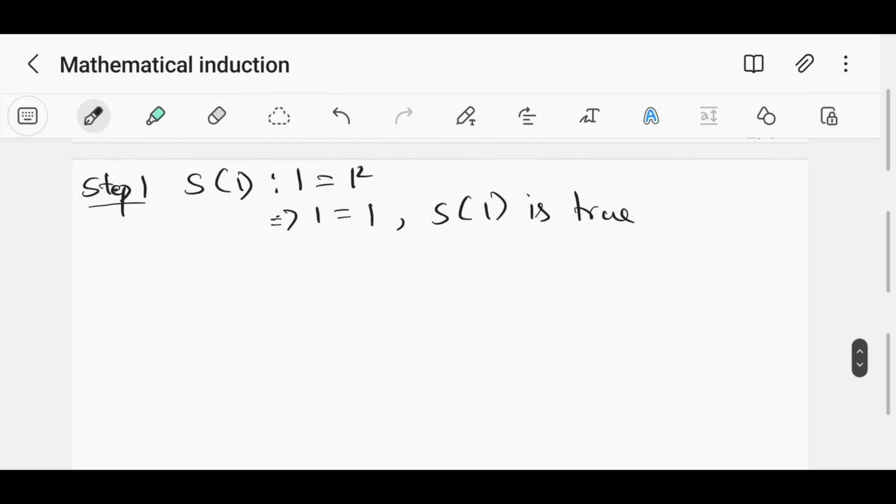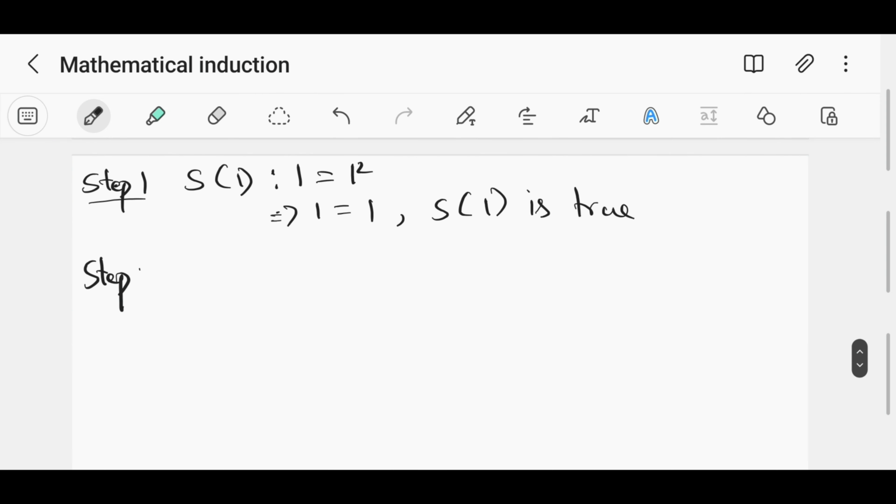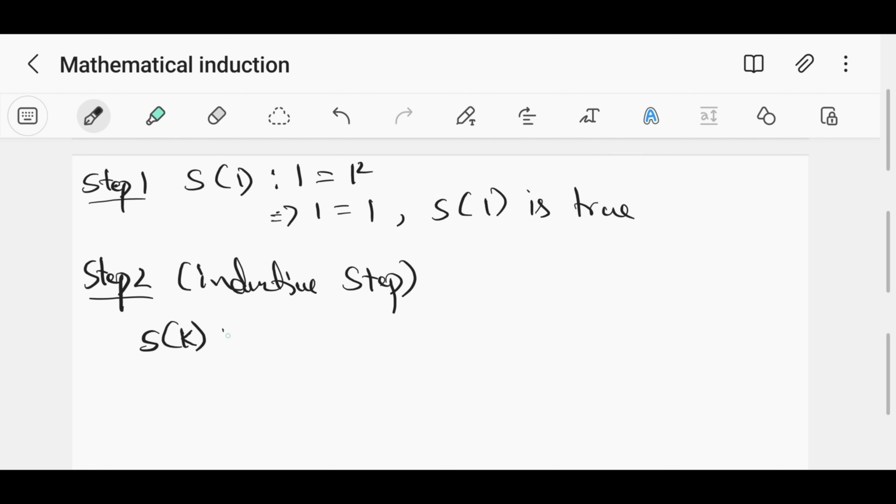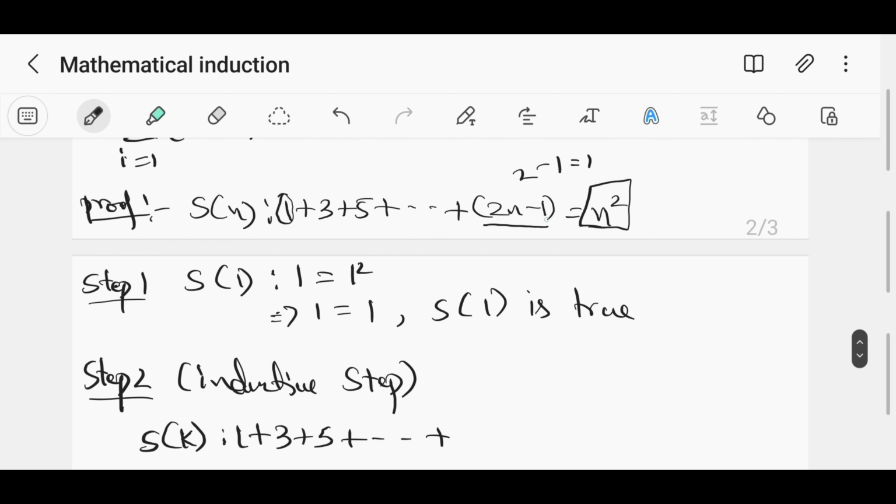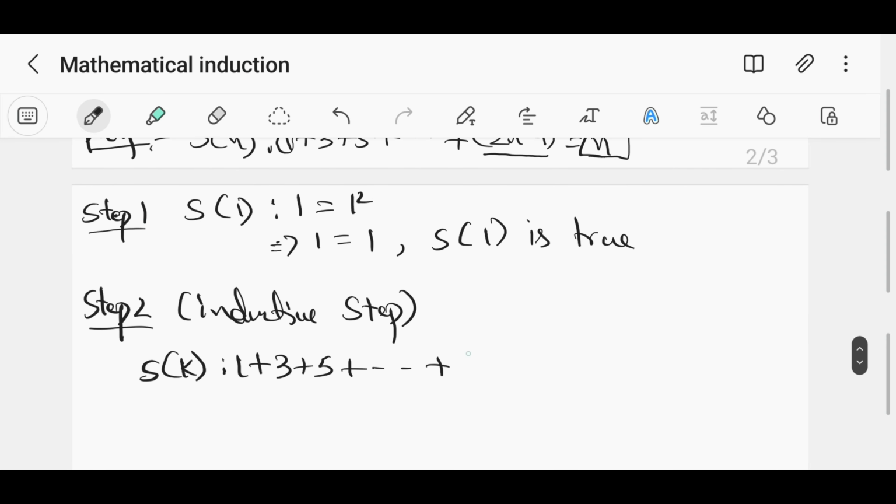Now, what was step 2? Step 2 is known as the inductive step. So in the inductive step, what do we do? In place of n, we substitute k. So from the statement we have S of k as 1 plus 3 plus 5 plus so on plus, if you see here, you have 2n minus 1, we are substituting for k, so you will get 2k minus 1 is equal to k square.